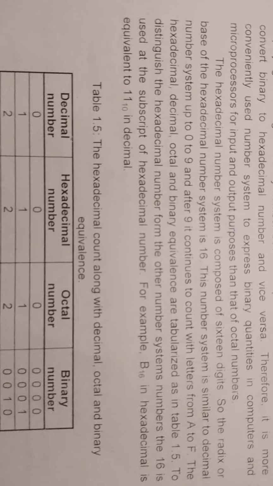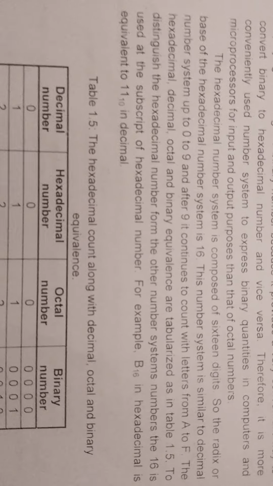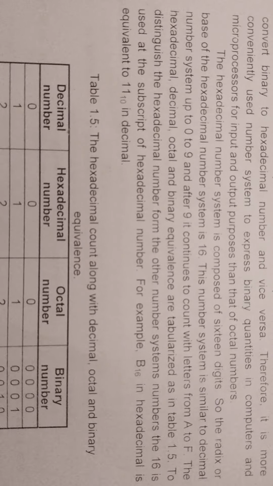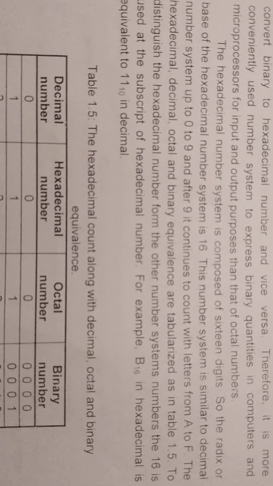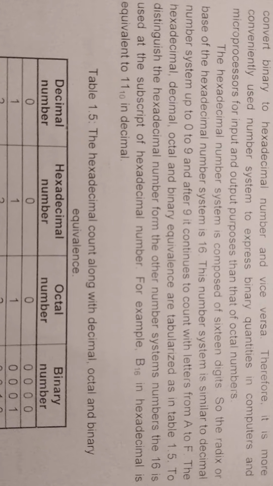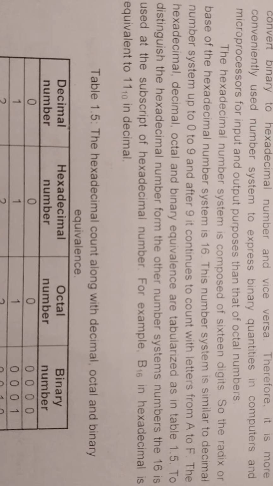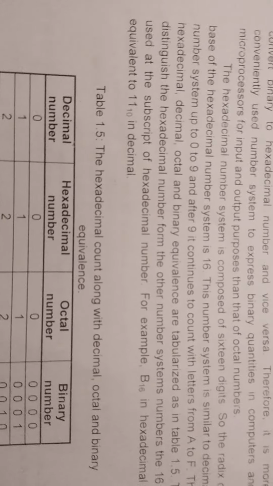This number system is similar to the decimal number system. You know that the decimal number system consists of 10 digits, 0 to 9. The same 0 to 9 numbers are used here in the hexadecimal number system.